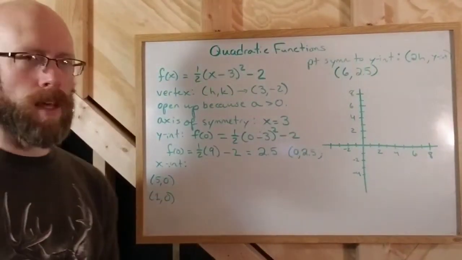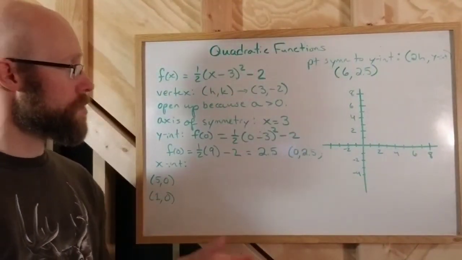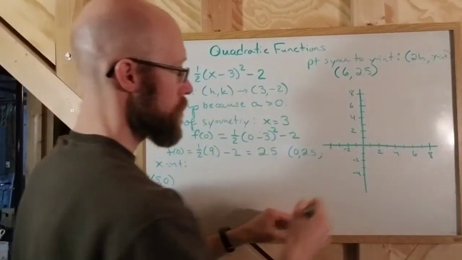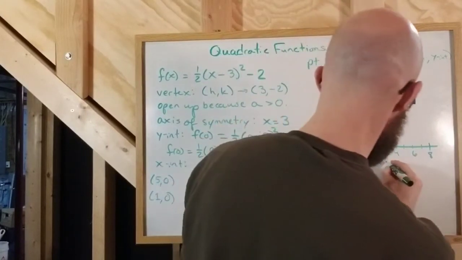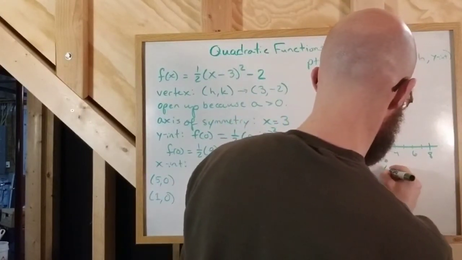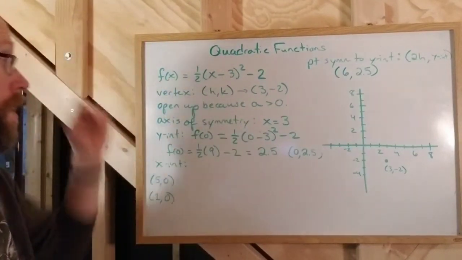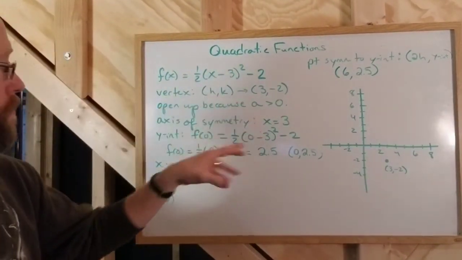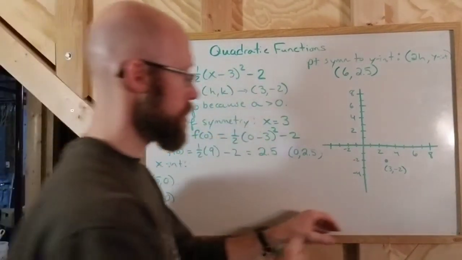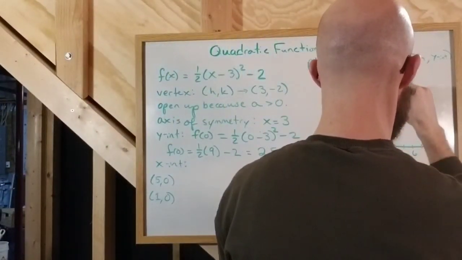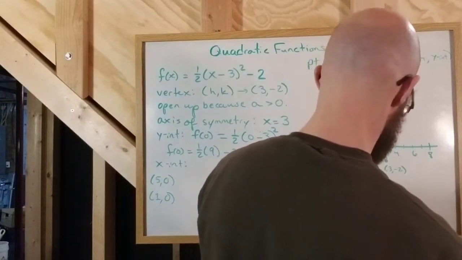Okay, something like that. And so now it's just a matter of plotting everything, right? So I've got (3, -2). We'll go over 3, down 2. There's a point on the graph. I know it's going to open up from there. The axis of symmetry is x = 3, so that's a vertical line. Ooh, that's not very vertical.